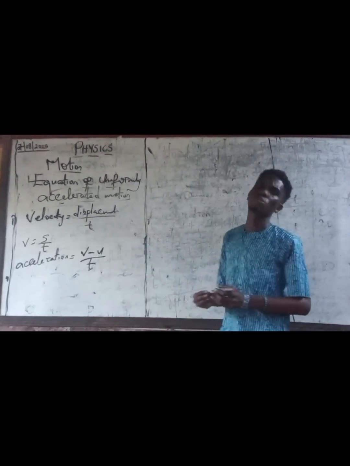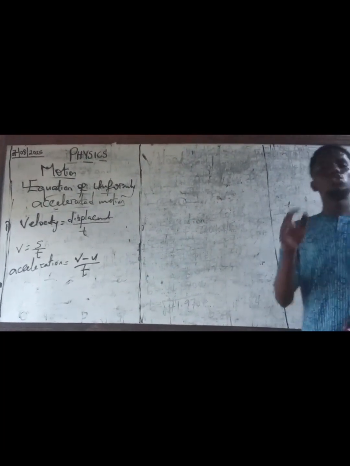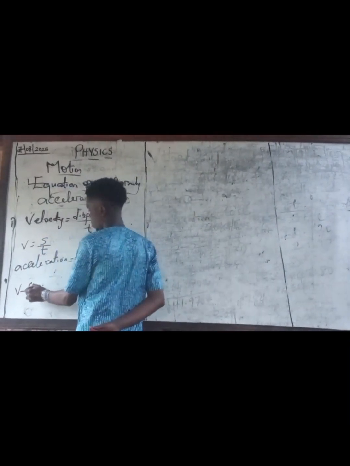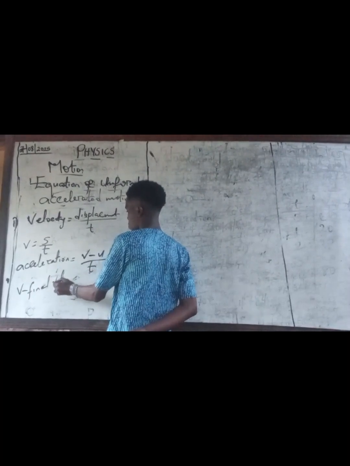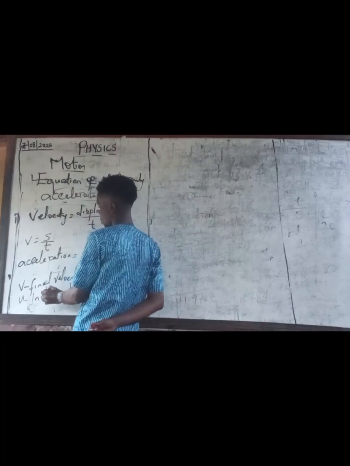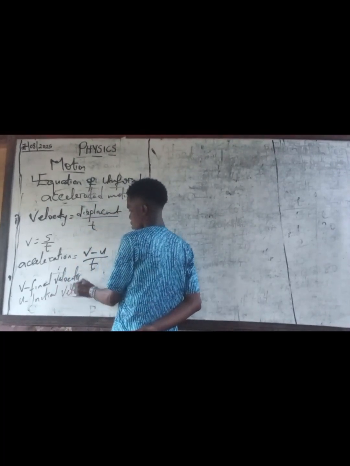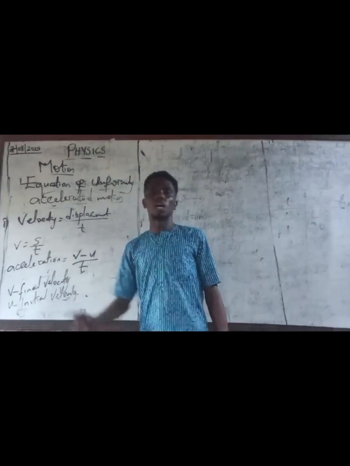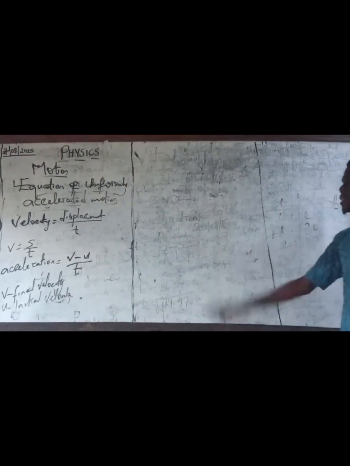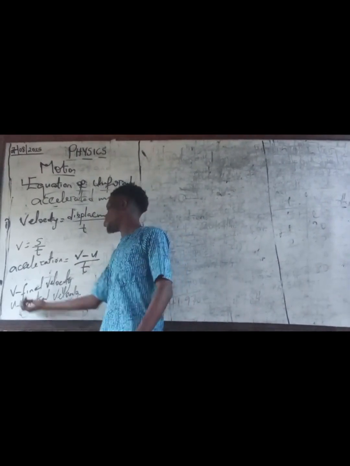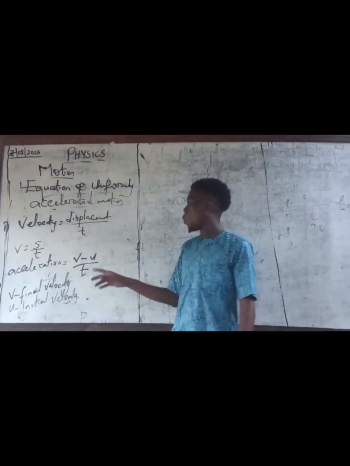And what is v minus u? V is final velocity, u is initial velocity. So this simply means to get the change in velocity, what do we need to do? To be V minus U, that's the change in velocity, over time.